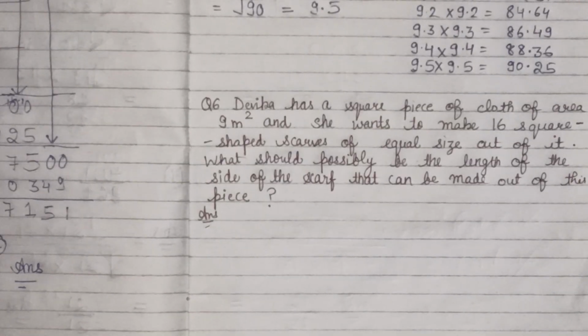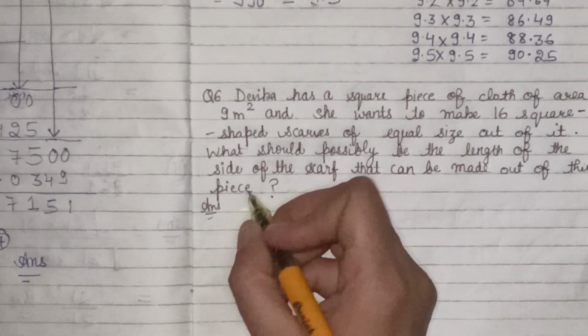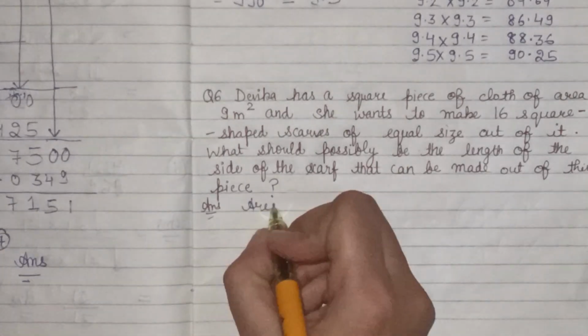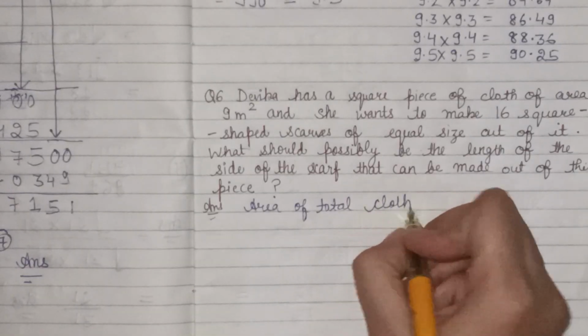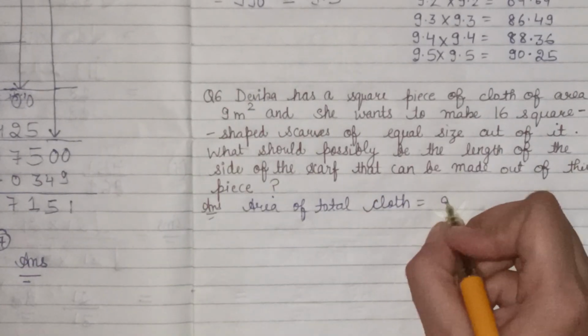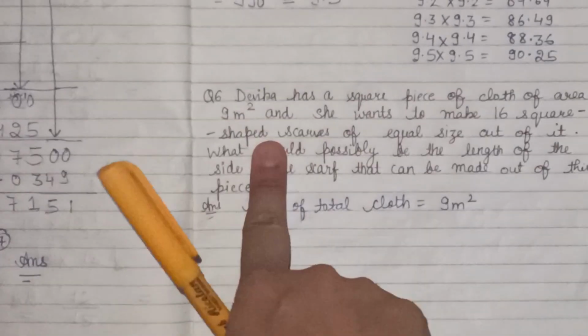Given here, the total cloth area is equal to 9 meter squared. So we write area of total cloth is equal to the given 9 meter squared. Now, she wants to make 16 square-shaped scarves.